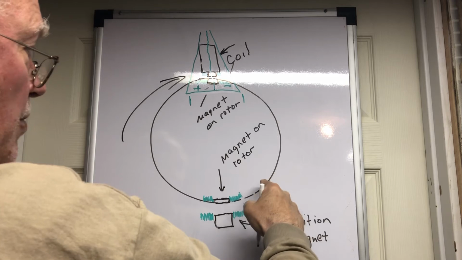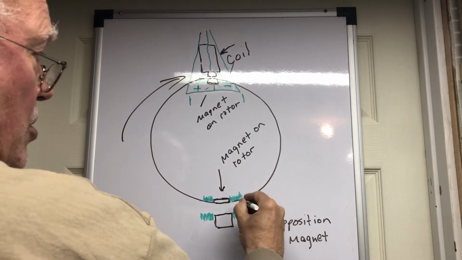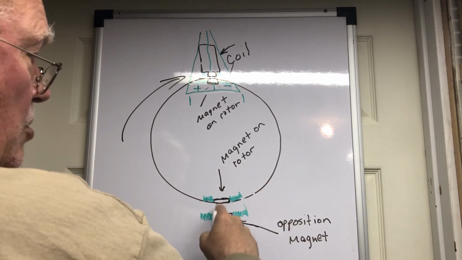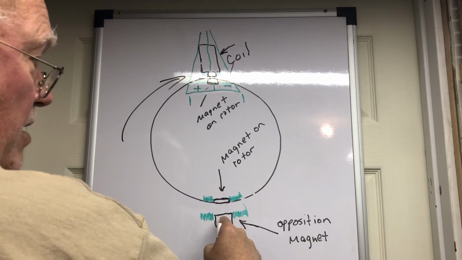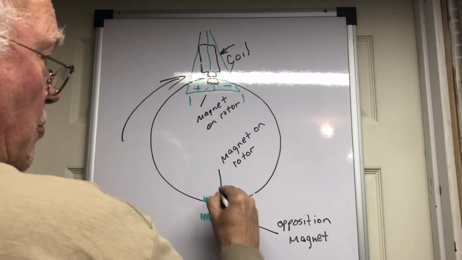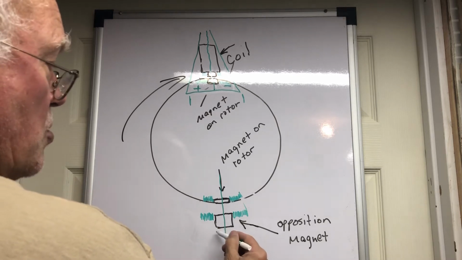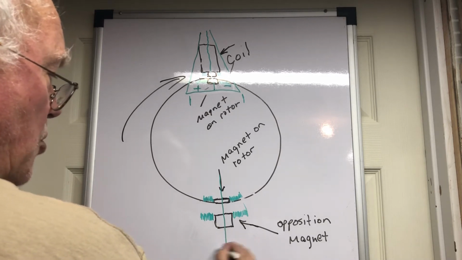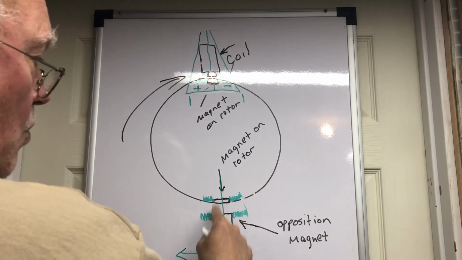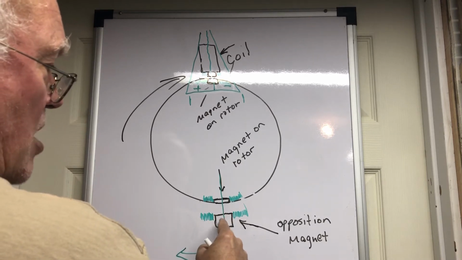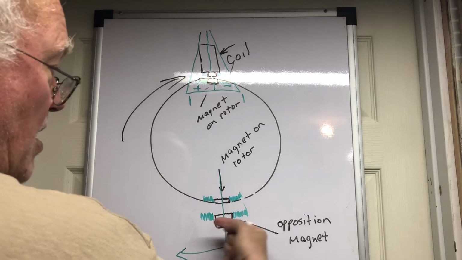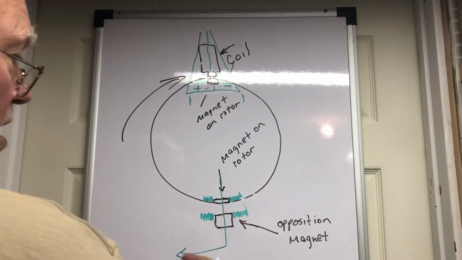As the magnet's coming around, it is in repulsion to the magnet right here, but once it reaches that top dead center point, it's still in repulsion, which actually is a motive force pushing it away in this direction. Once they're lined up like that and it gets just the least little bit past top dead center, it pushes it in that direction.